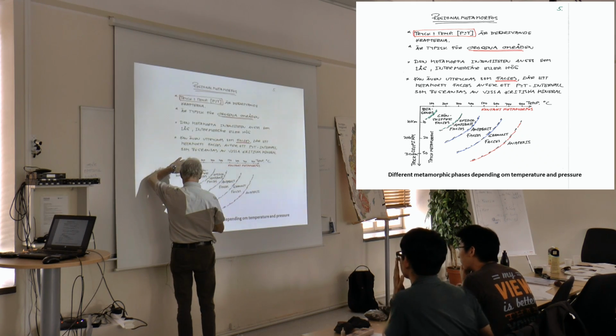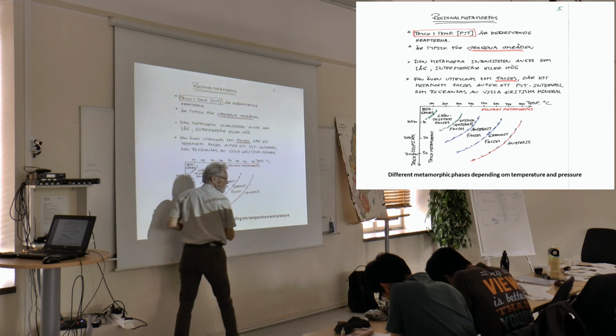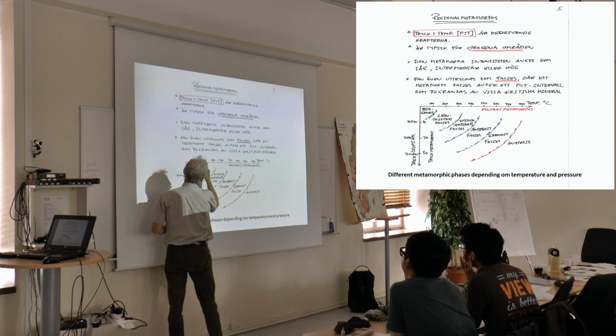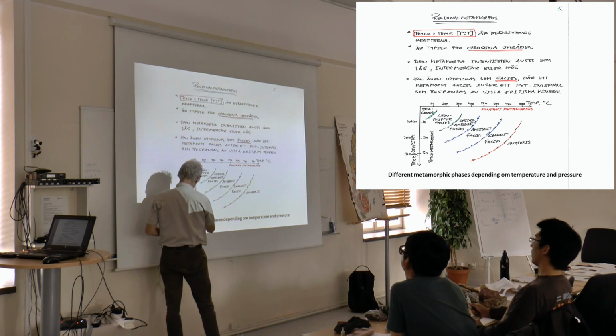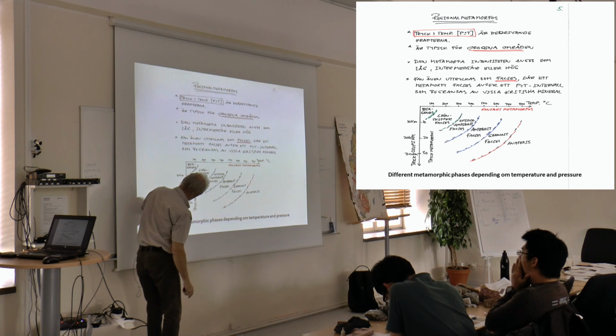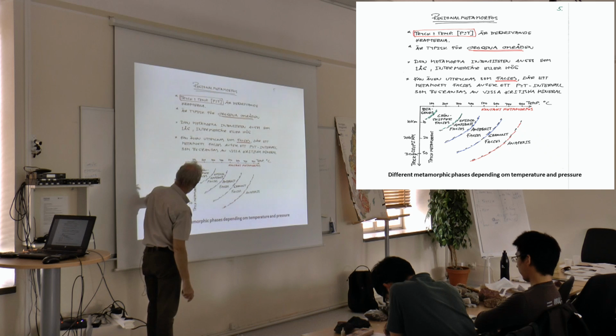Let me just tell you, this is the pressure and this is the temperature. And if we raise the temperature, we also have this. I've seen that the pressure here is 30 kilometers down in the crust, this is 20 kilometers down in the crust, this is 10 kilometers down.